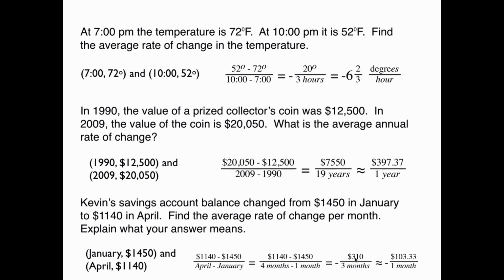I'm sorry, negative $310 per 3 months, or approximately negative $103.33 per month. Now, I said explain what your answer means, and in this case, what does negative $103.33 per month mean? It means the bank account is decreasing by that amount every month.